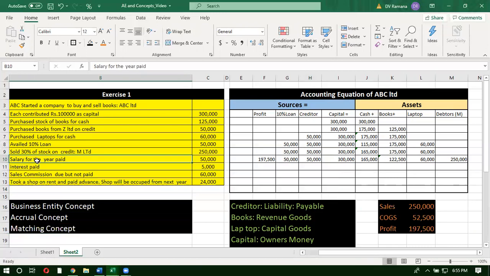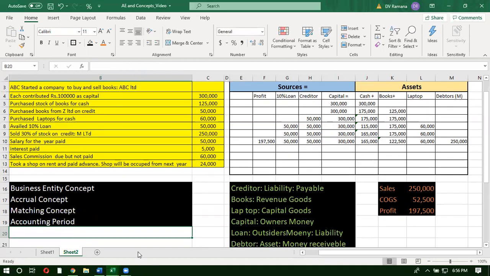Now, salary for the year paid. The moment I bring in the year, that means I'm determining profit for a particular period, and that concept is called the accounting period. The accounting period concept says accounting happens regularly, recurring, day to day, real time, but the determination of profit happens for a particular period.